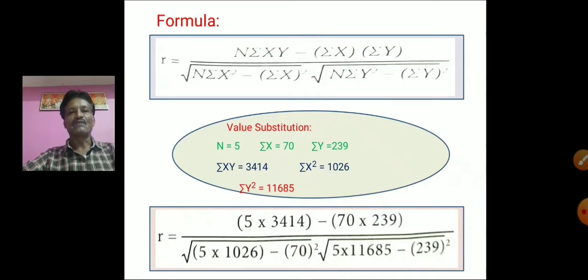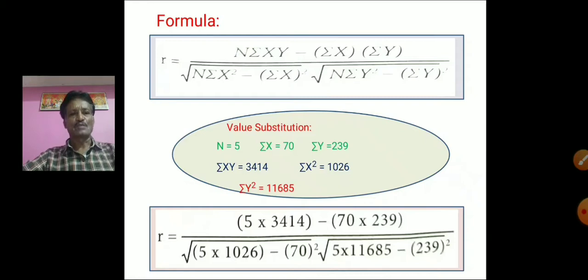Now the formula for direct method is R equal to n sigma xy minus sigma x into sigma y, the whole divided by under root of n sigma x square minus sigma x the whole power 2, into under root of n sigma y square minus sigma y the whole power 2. So this is the formula given by Karl Pearson to estimate correlation with the help of direct method.